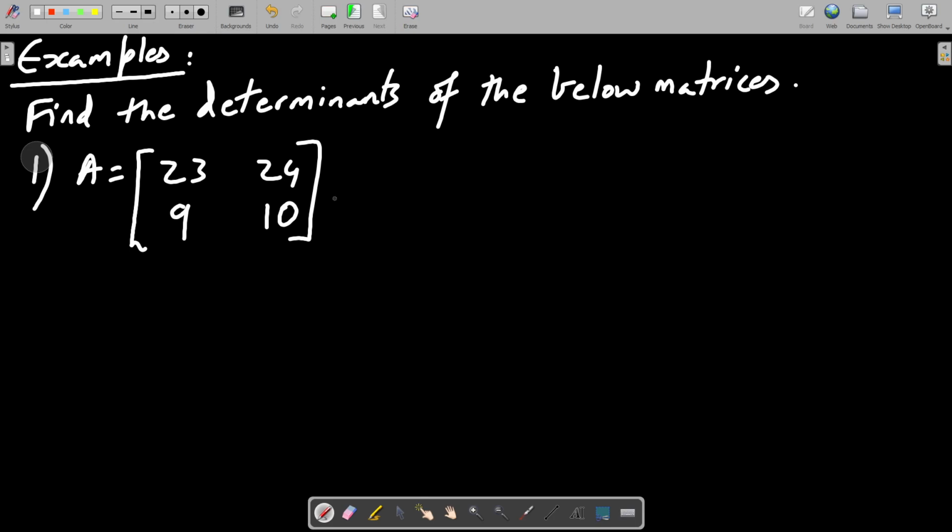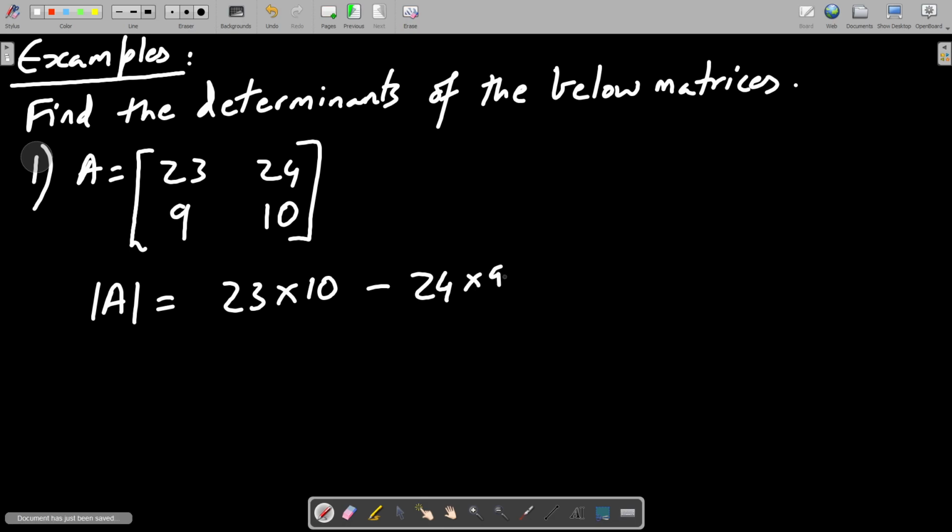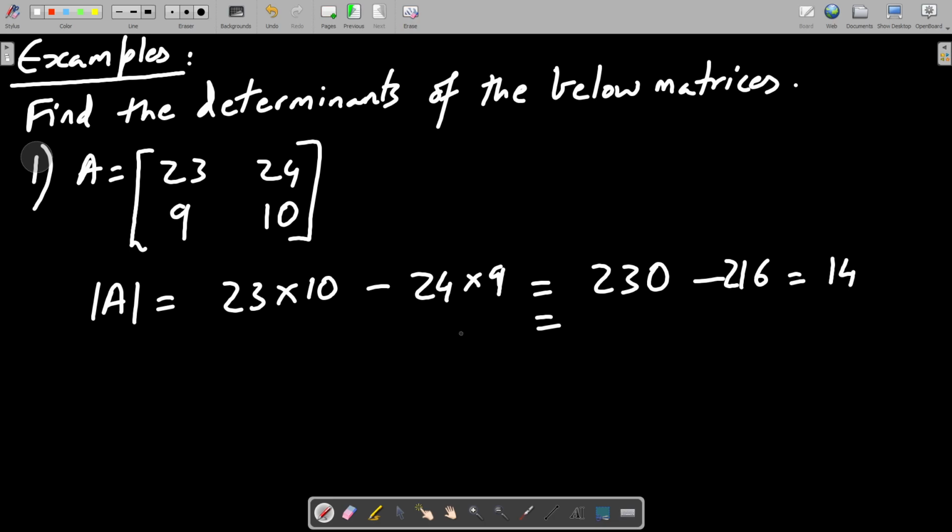So determinant of A will become what? 23 into 10 minus 24 into 9. Okay, one is 230, second one will be 24 into 9, so 216. 230 minus 216 will leave you with a number 14 over here. So determinant of A is equal to 14.